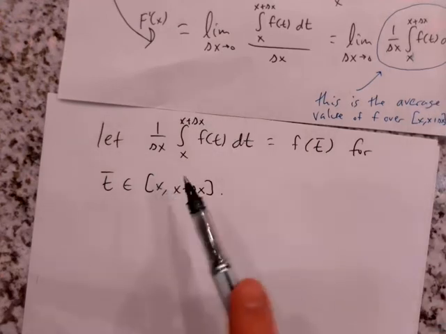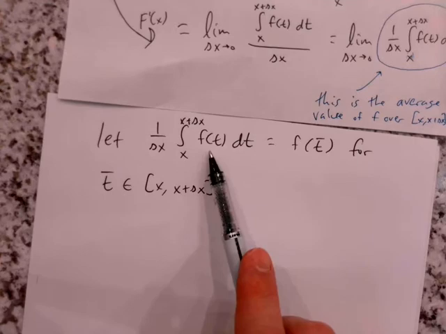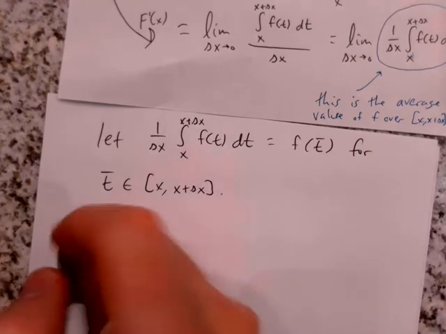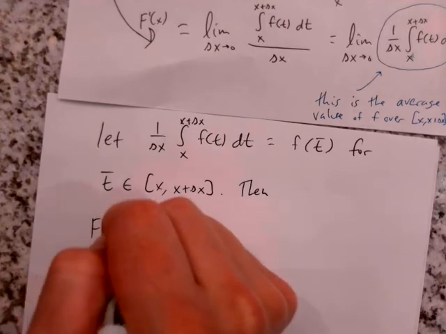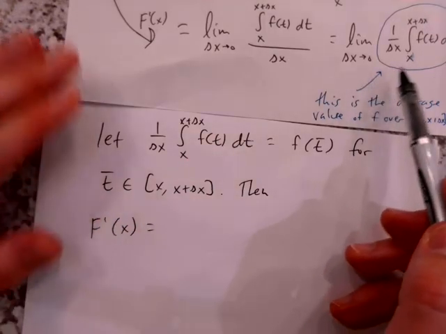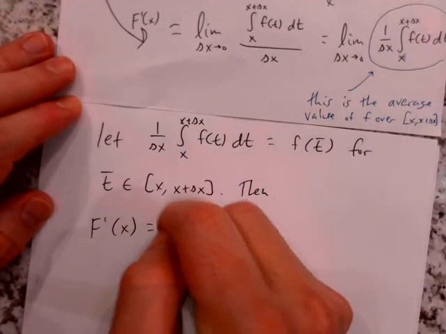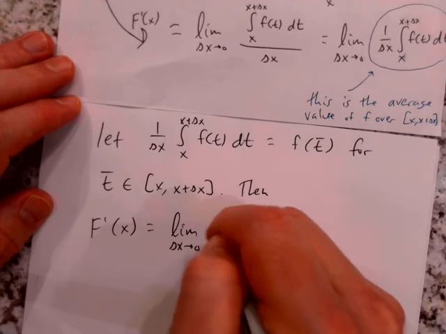And again, this t bar is the x value that you plug into f to get the average value. Well, this allows us to rewrite big F prime. Instead of being the limit of this average value expression, it is just the limit of the average value, f of t bar.